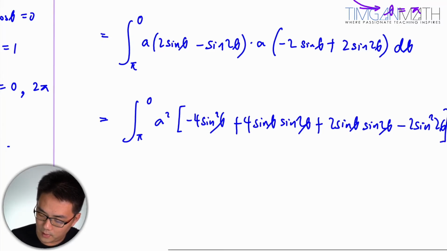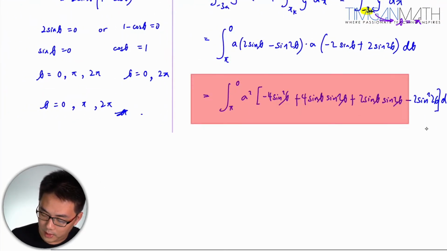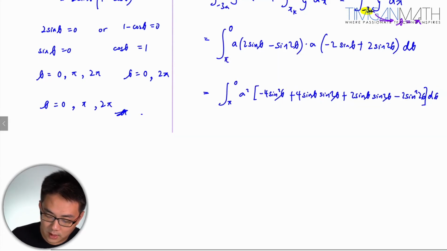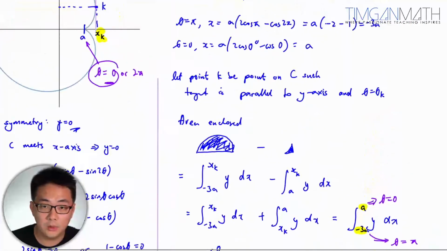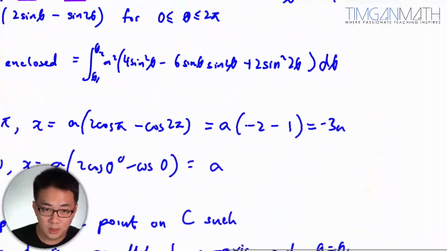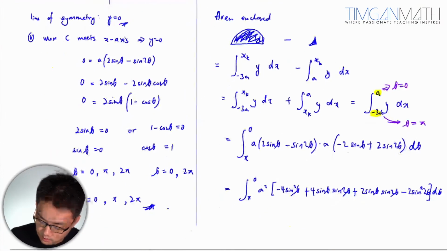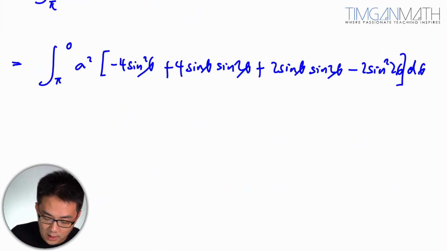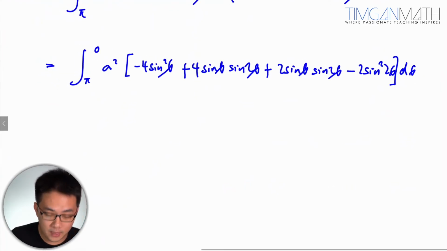Okay? Once this is done, we are more or less there, because now take note of what they ask you to show. They want it to be in a positive 4 here. So what we're going to do is just extract the negative out and flip the limits top and bottom.